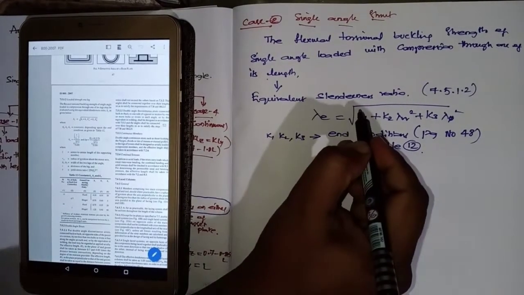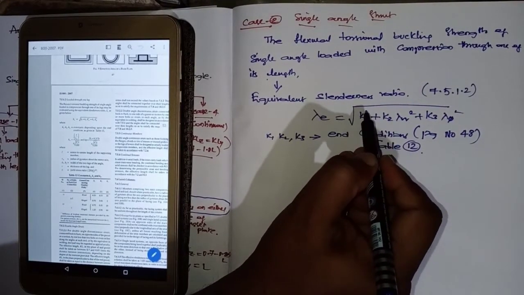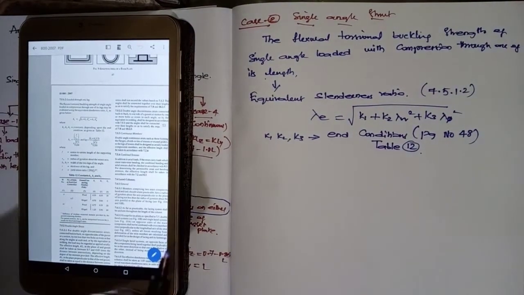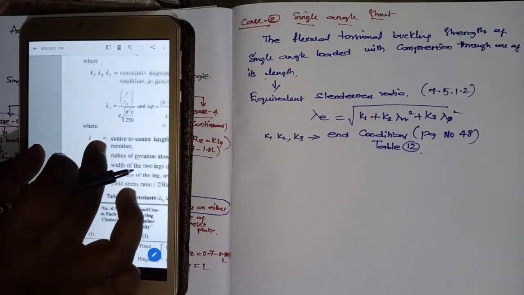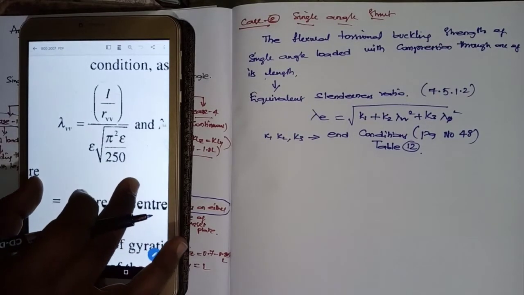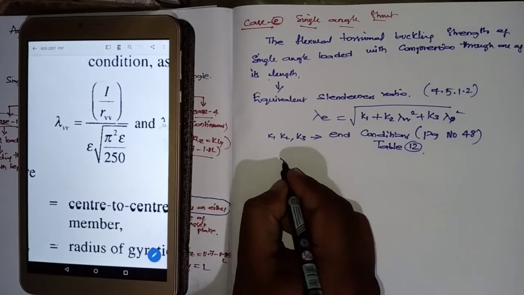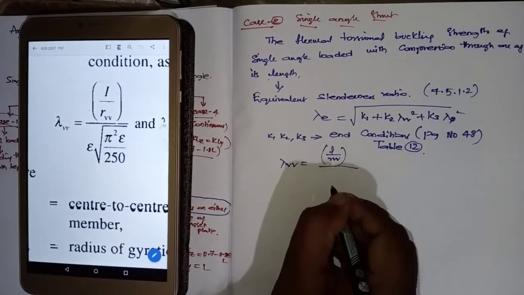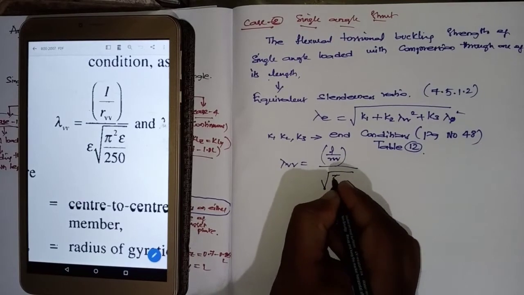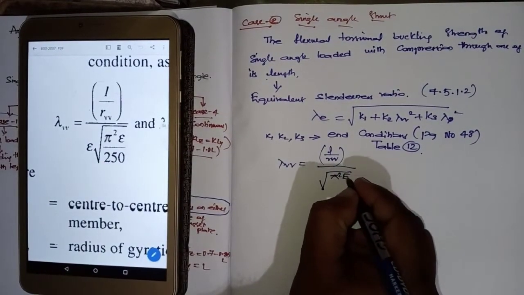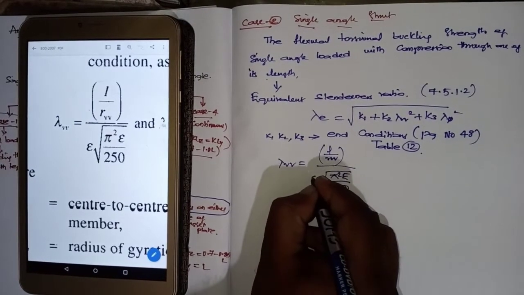Now in this formula you get K1, K2, K3 values from table 12 of page number 48. Now what is lambda Vb square? Here you have a formula for lambda Vb, where lambda Vb equals L by RVB by under root of pi square E by 250 into epsilon. It is not epsilon, it is E by 250 into epsilon.